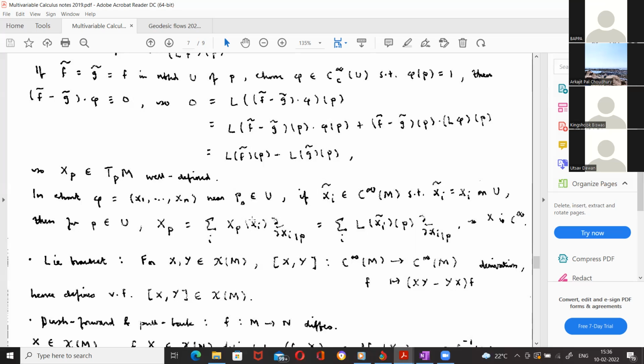And remember, for any tangent vector, the coefficient of del del xi was the vector applied to xi, as we saw last time. So this will be X_P applied to xi, and by definition this will be L of xi tilde at P.